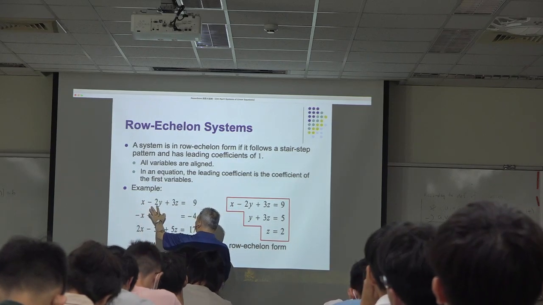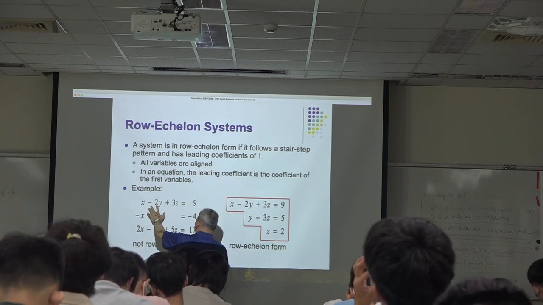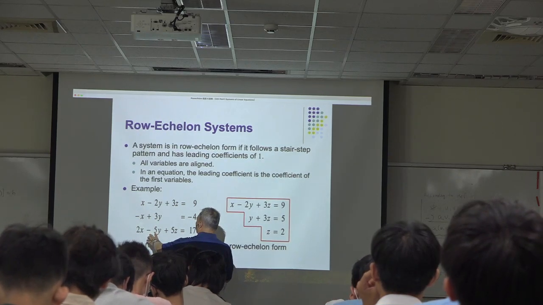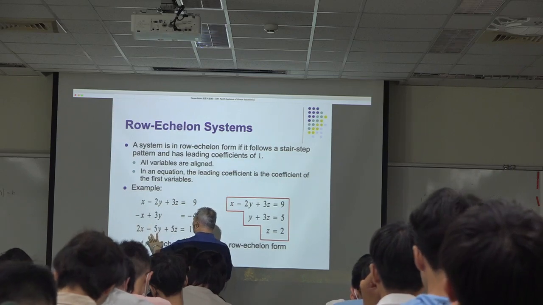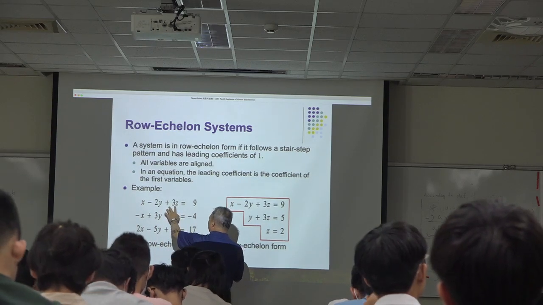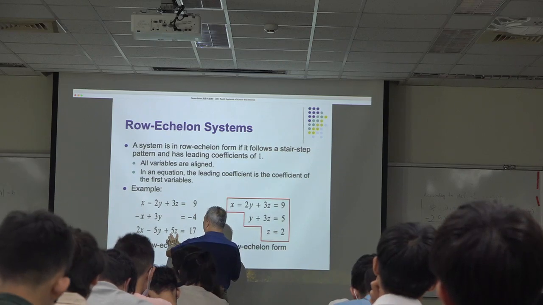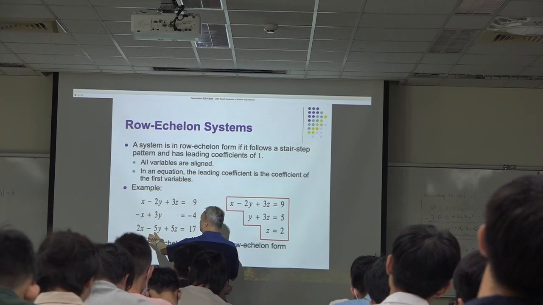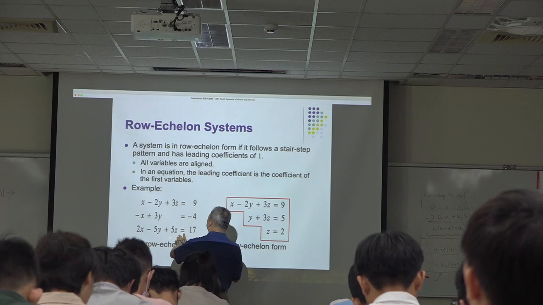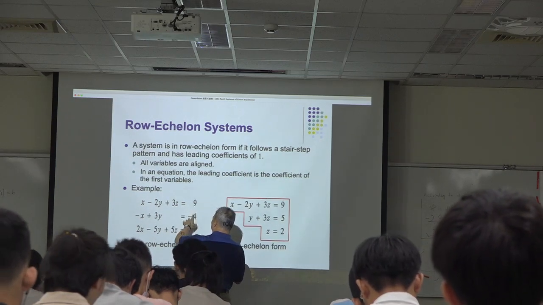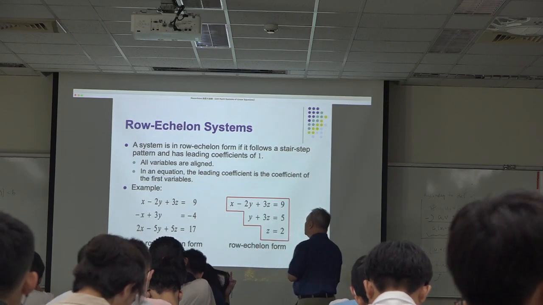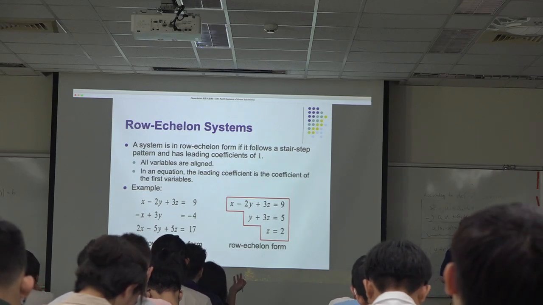Because we multiply by -2, this one becomes 4y. 4y minus 5y is negative y, and this negative 6z plus 5z becomes negative z. So negative y minus z equal to -1, right? Am I right? Let me write it down.